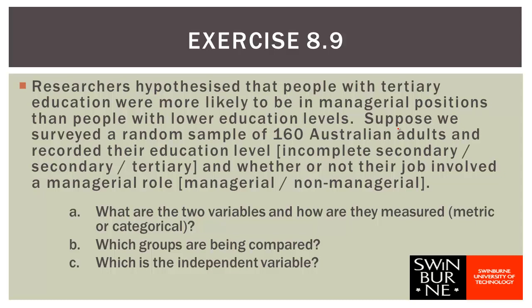So we're saying that being in a managerial position is going to depend on whether or not you have a tertiary education. So education level is our independent, and managerial position is our dependent.